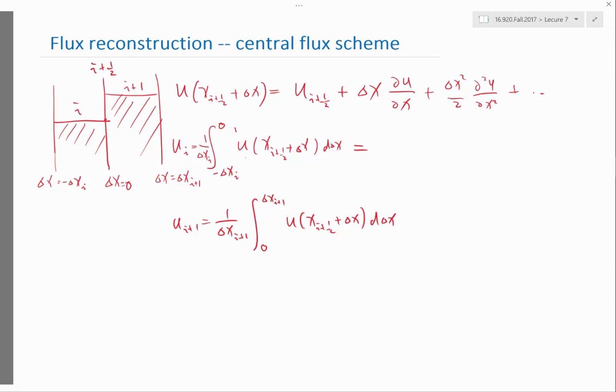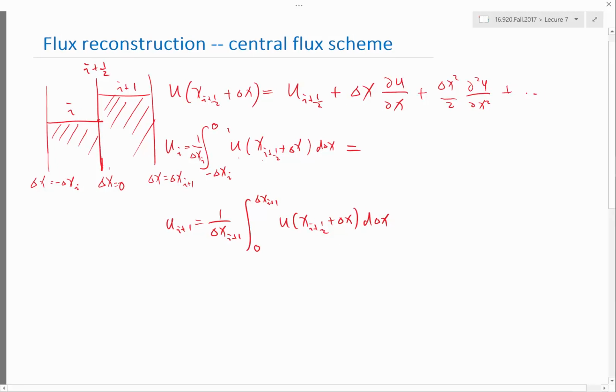Because I'm defining delta x to be 0 here, and I'm defining delta x to be whatever x I have in the domain minus the x at the interface point, so that it's easy to expand my Taylor series at this point.